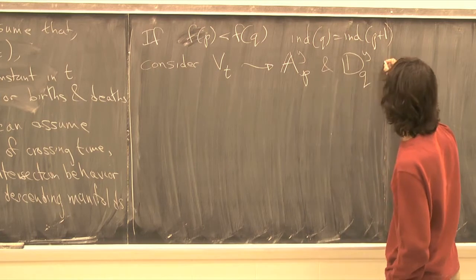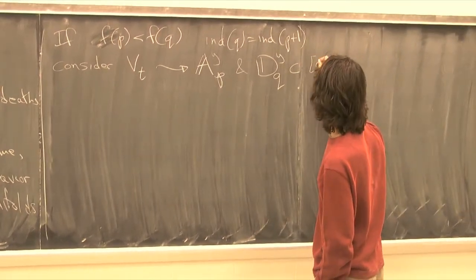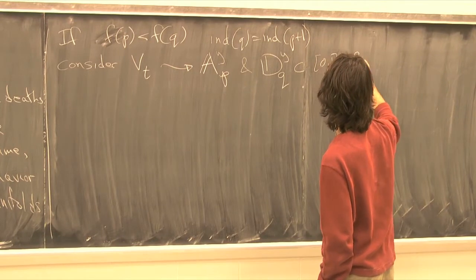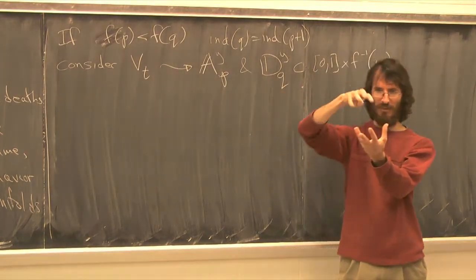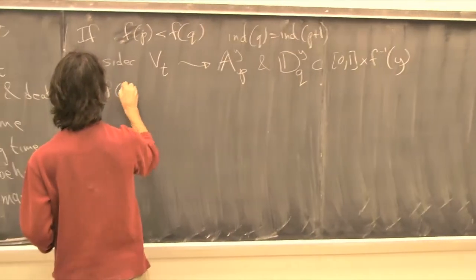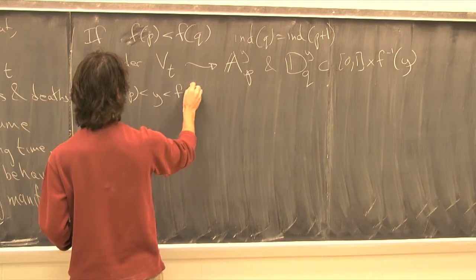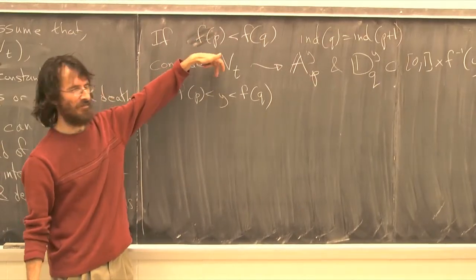Remember, these were inside [0,1] cross f inverse of y. So this is a sphere moving around, and y is a regular value between p and q, with f of p less than y less than f of q.